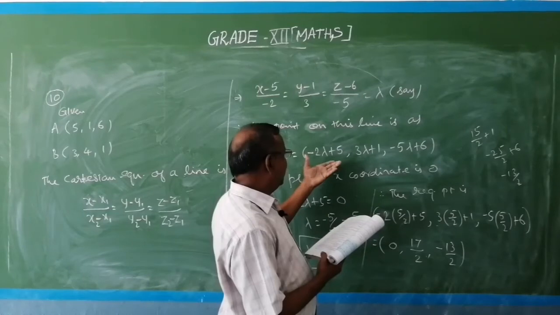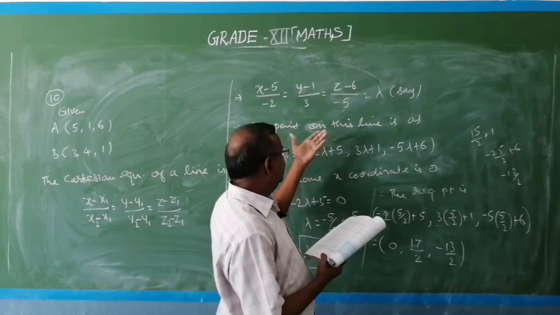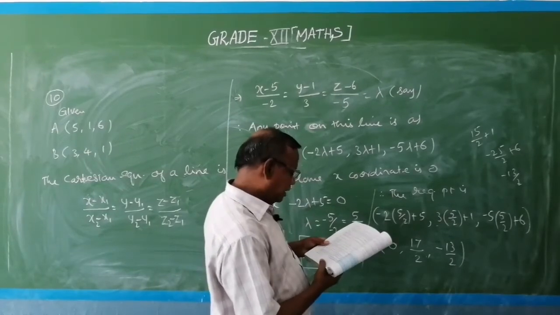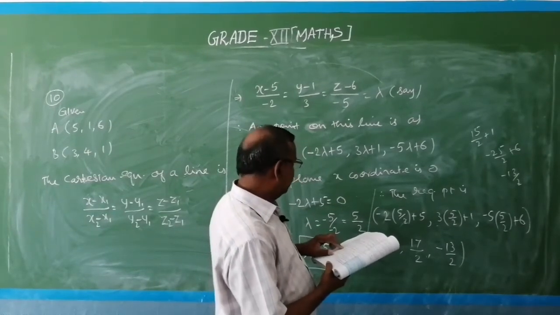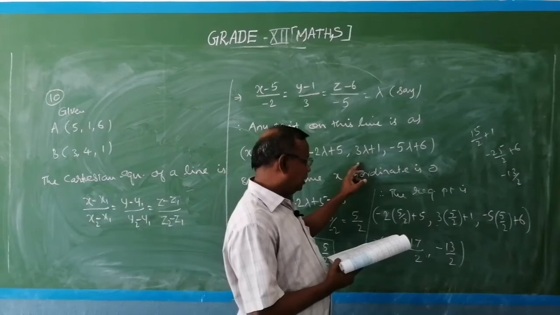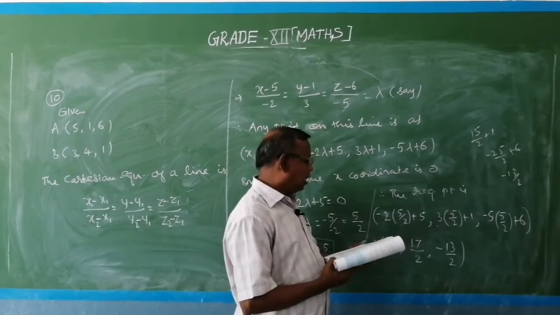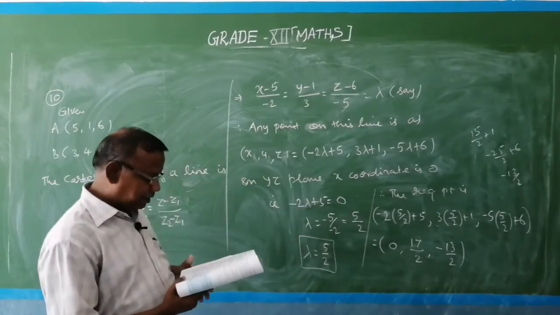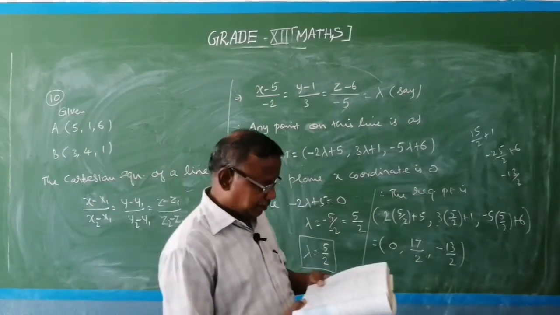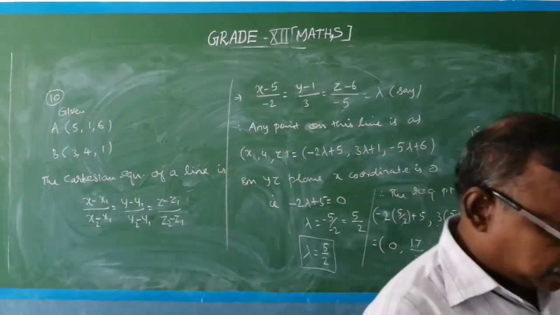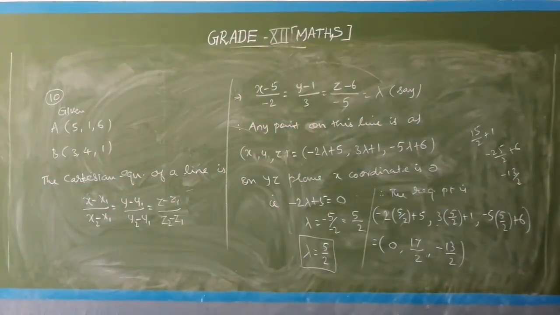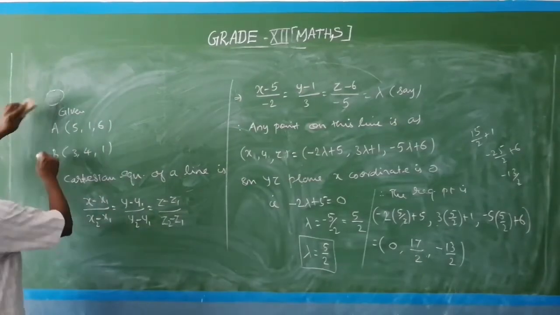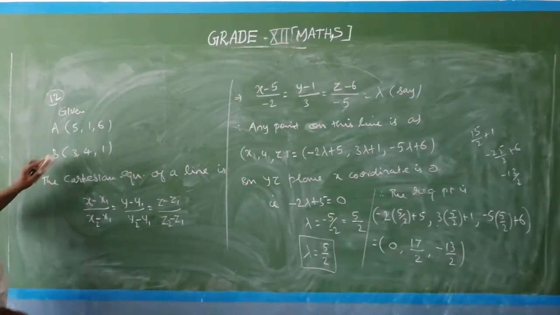In the zx plane the y coordinate is 0, so make the y coordinate 0, find the value of lambda, and substituting lambda in the required point we get the coordinates of the point. Eleventh is your homework. Let me solve the 12th problem now.